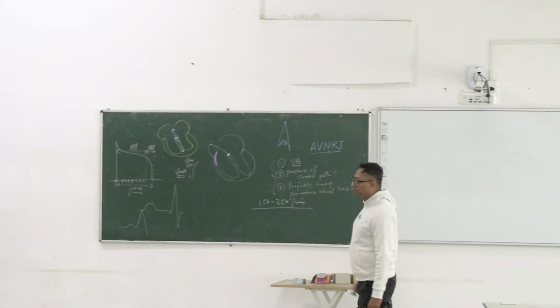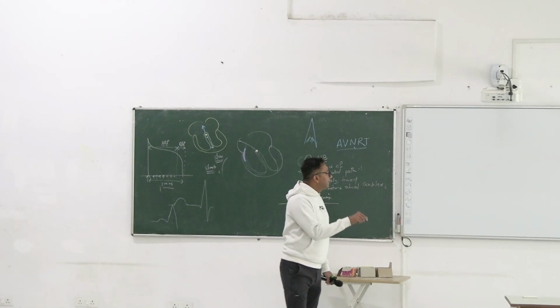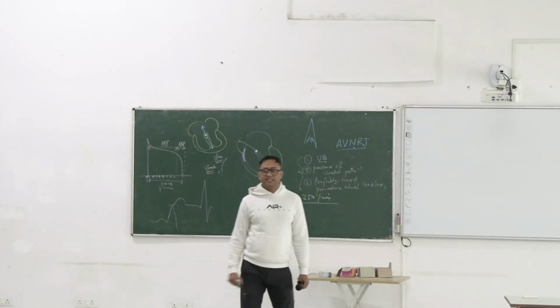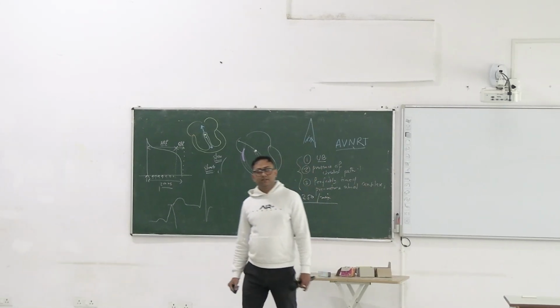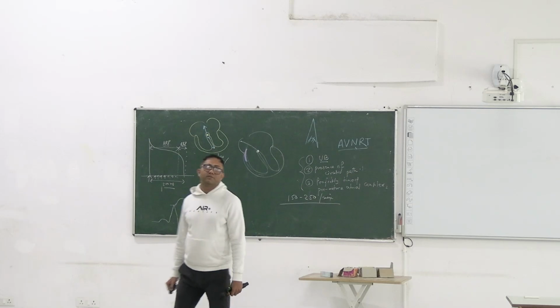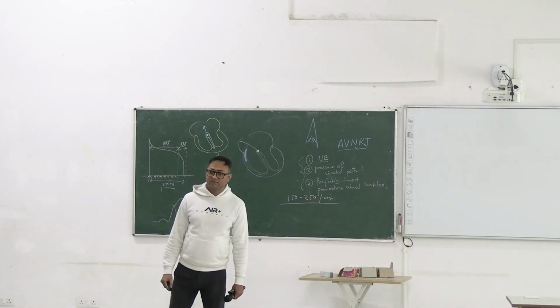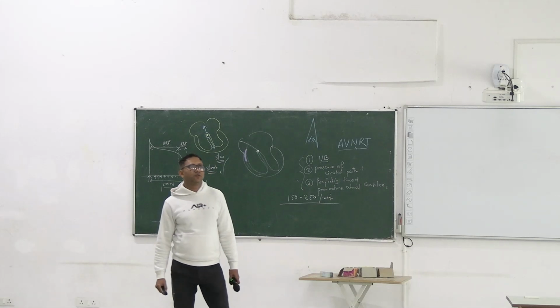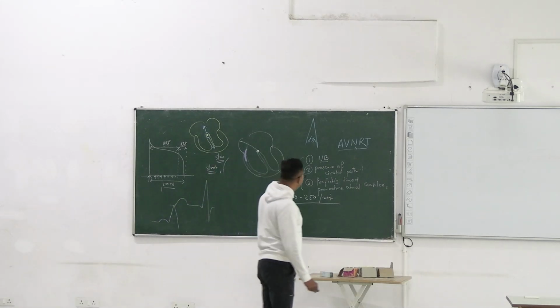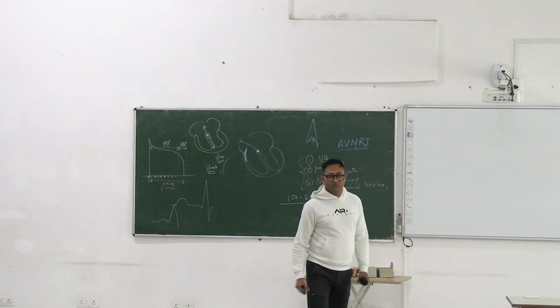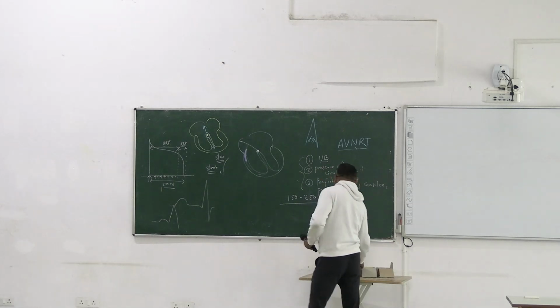And if you perform ECG and find this, it is called WPW syndrome. Have you heard of this? Have you studied this in your book? It is called WPW, Wolff-Parkinson-White syndrome, right?